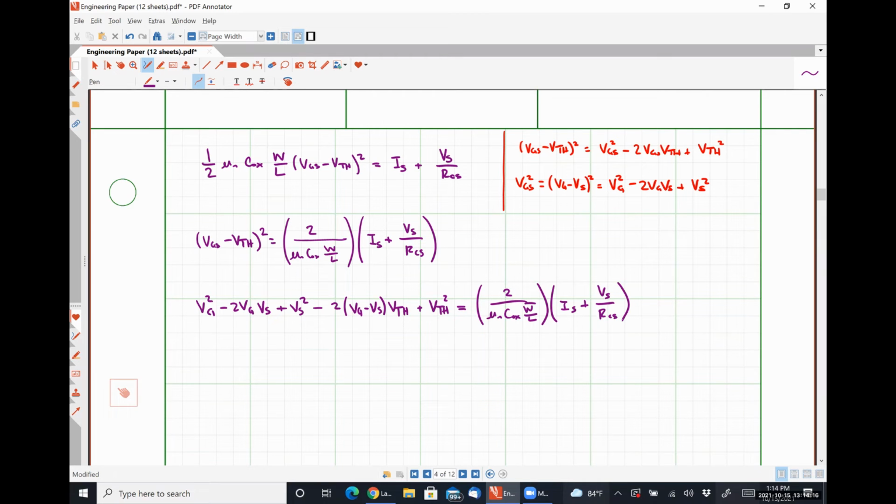And let's see here. I'm going to have VS squared. So that's this part right here. And then I'm going to have, let's call it plus for the sake of argument here.